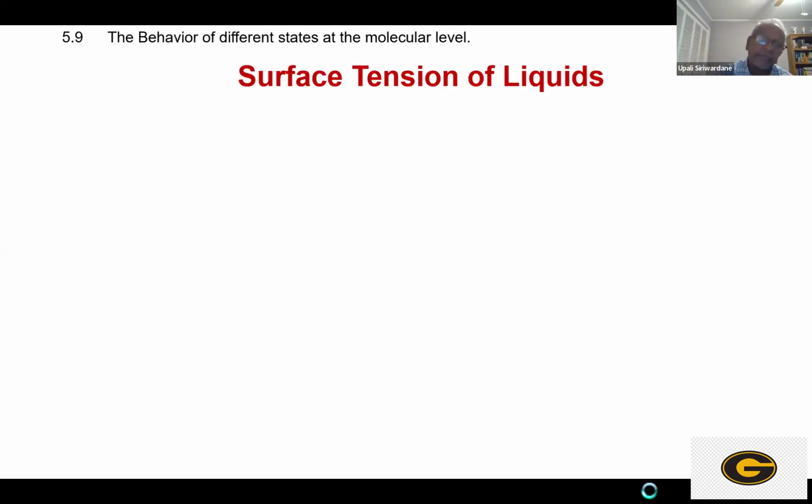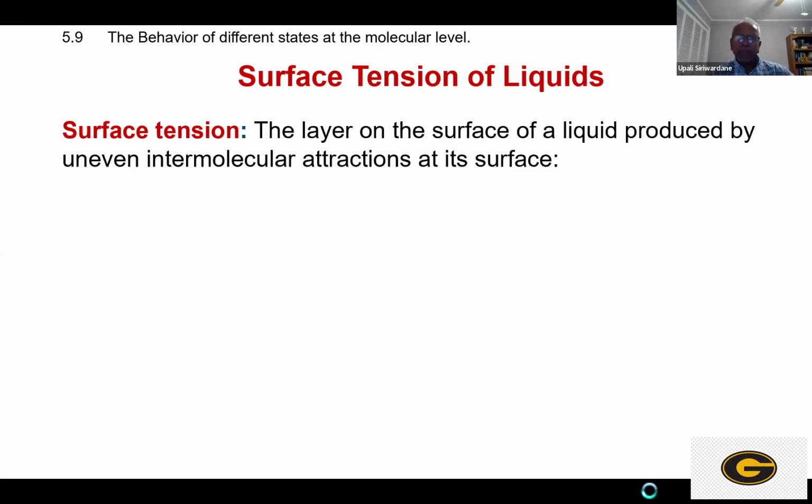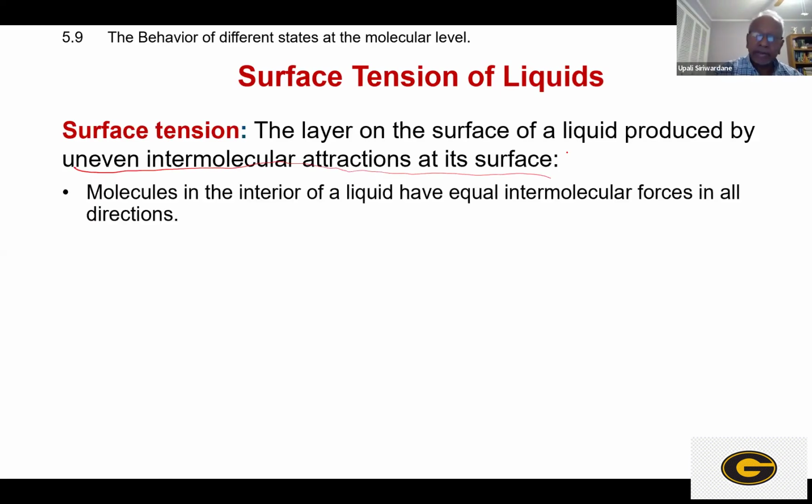One of the properties of liquids is surface tension. Surface tension is a phenomenon that we see on the surface of a liquid. It's because of uneven distribution of attraction in the surface of a liquid.